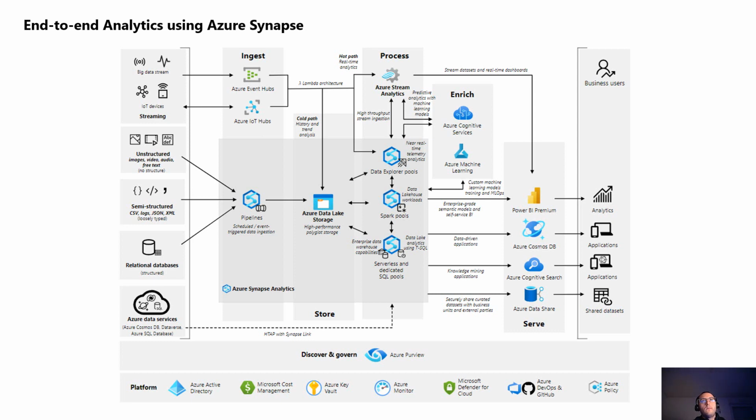First, Azure data services, cloud-native HTAP with Azure Cosmos DB and Dataverse, let us process the data using Azure Synapse Link for Azure Cosmos DB and Azure Synapse Link for Dataverse.